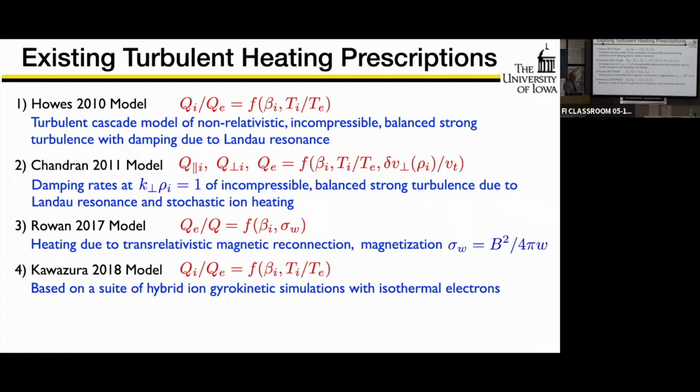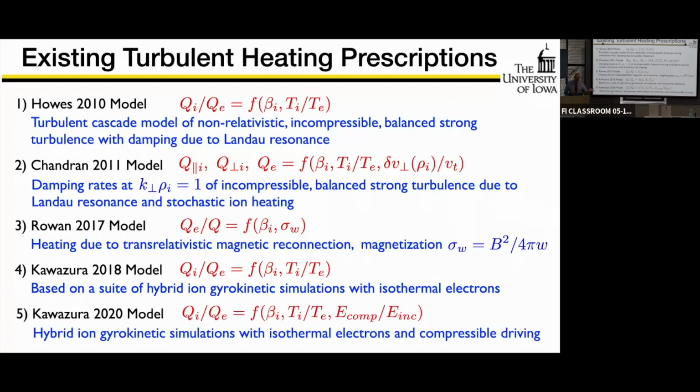In fact, this model more or less verified at least the qualitative features of the Howes 2010 model with some minor quantitative adjustments. And then more recently in 2020, they did a model with some compressible driving and were able to modify this to include the effects of a varying amount of compressible driving as well.